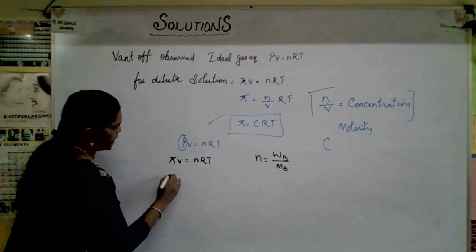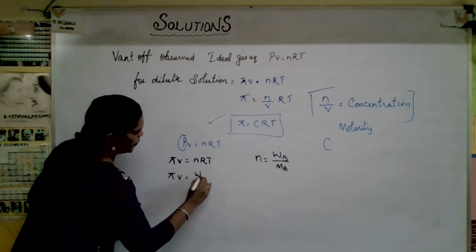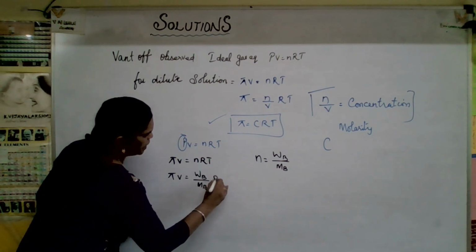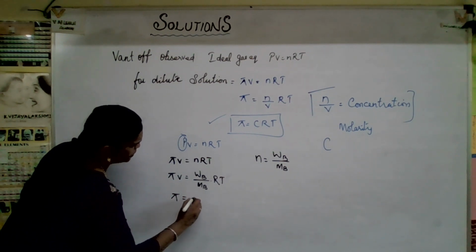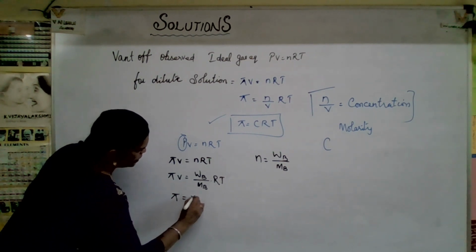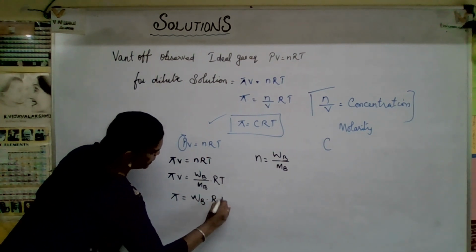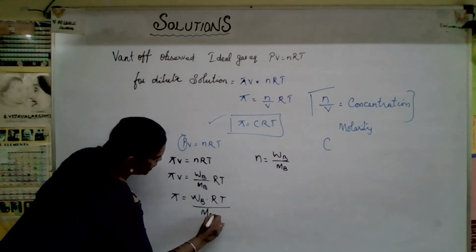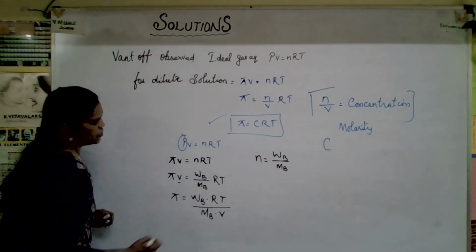So let us apply this. Pi V equal to WB by MB into RT. So pi equal to WB into RT divided by MB into V. This V has gone there.